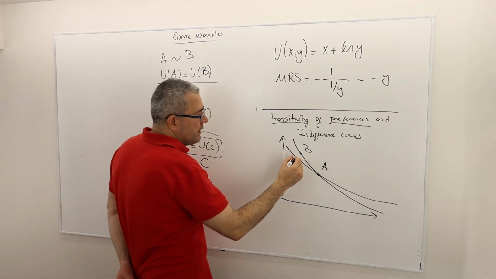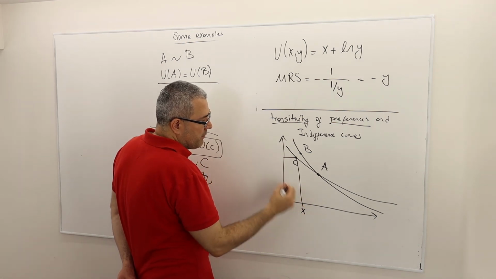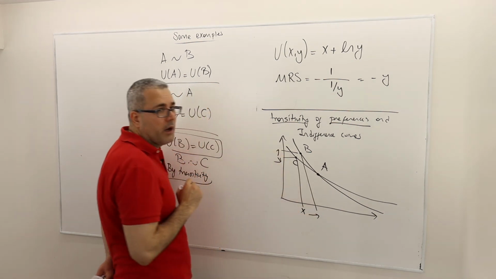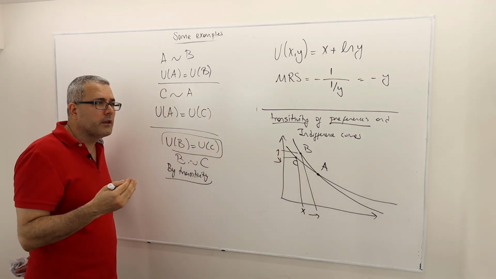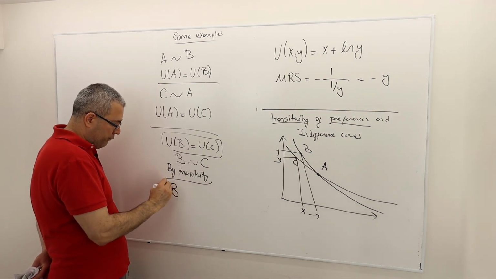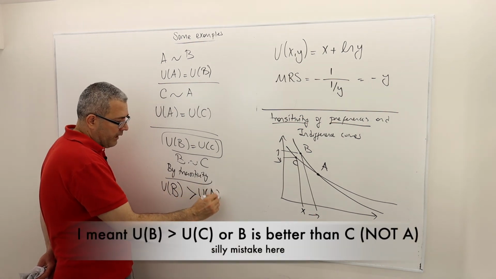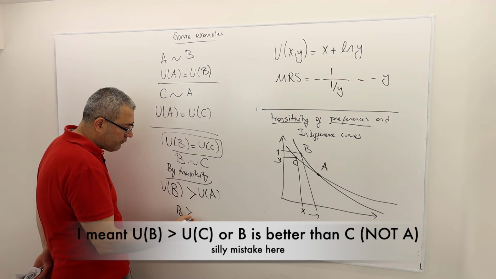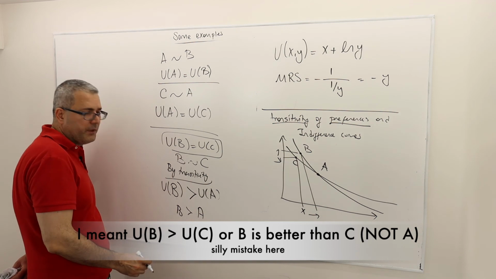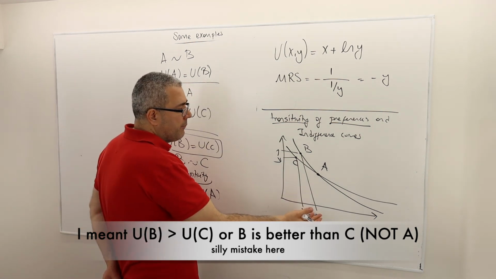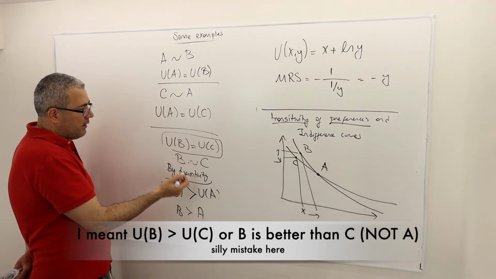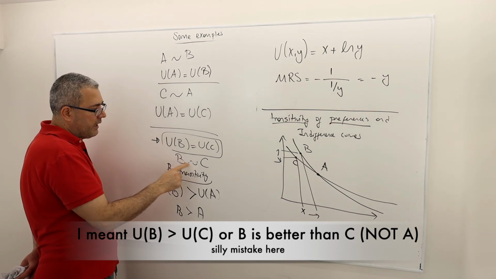Well, look, C is a vector which gives me this much x, this much y, but B is giving me more X and more Y. So if your preferences are monotonic, or for simplicity increasing, you should prefer B to A, or B should be strictly better than A. You're not even indifferent, but you should strictly prefer B to A because B gives more, therefore it should be preferred.